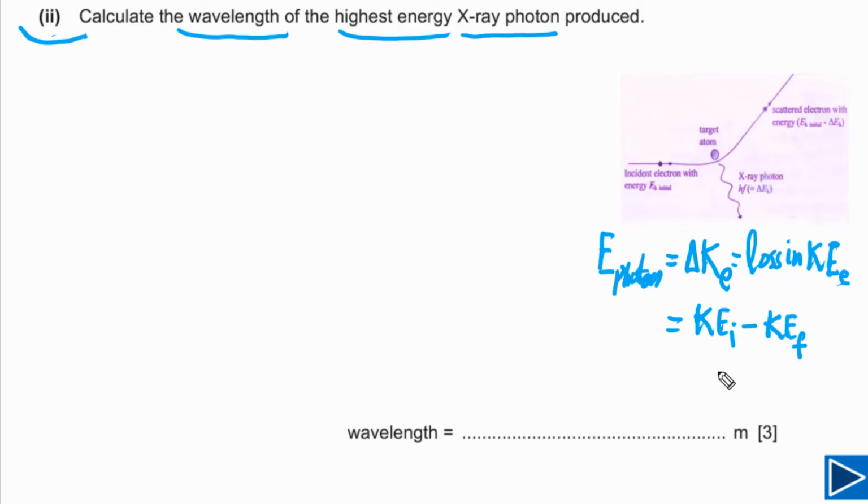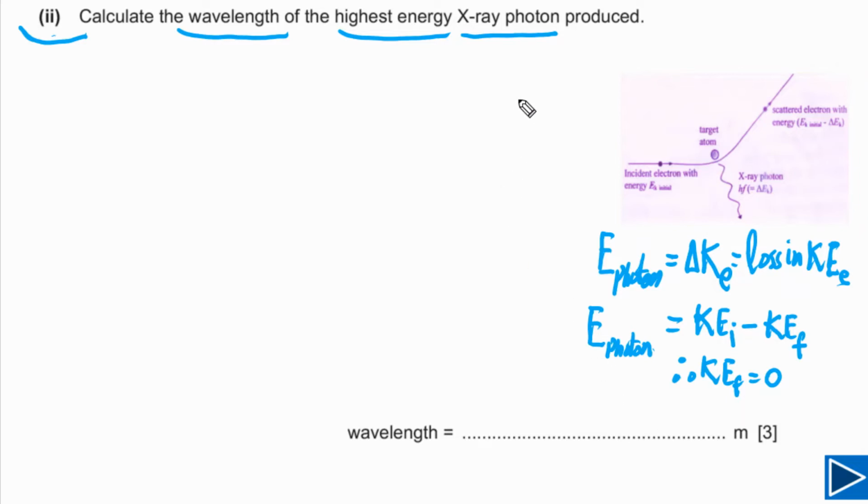We want to give maximum energy to the photon. So E of photon will be maximum when KE final is equal to 0, meaning the electron just simply stops.